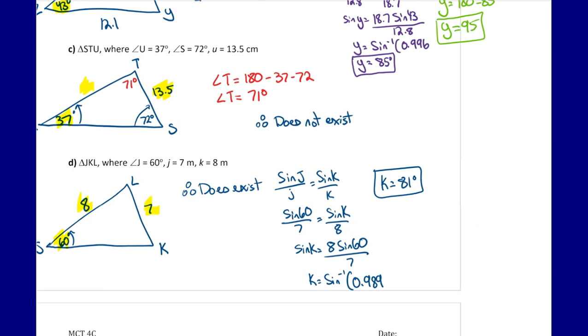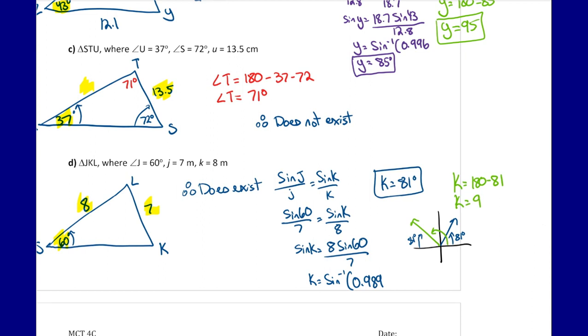Again, using the CAST rule now for the other one. We know right now, based off the ratio, 81 degrees. But the CAST rule says that there's going to be another angle on the other side. So using that acute angle that we were given, we can use that to find what the possible second angle is. So K could also equal 180 minus 81.